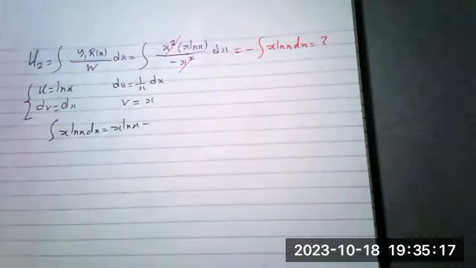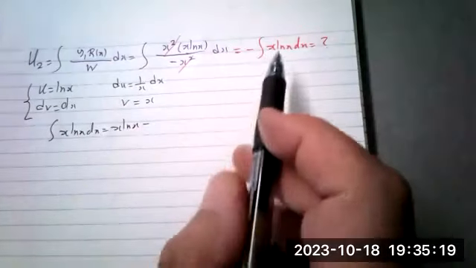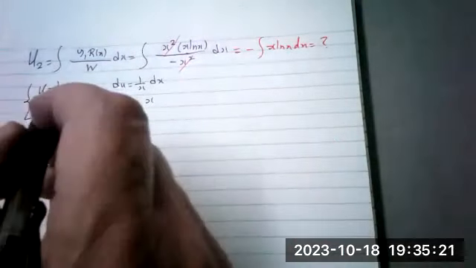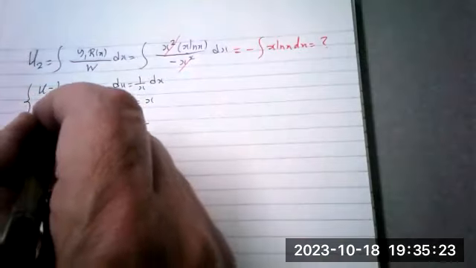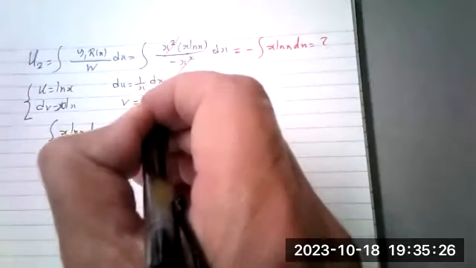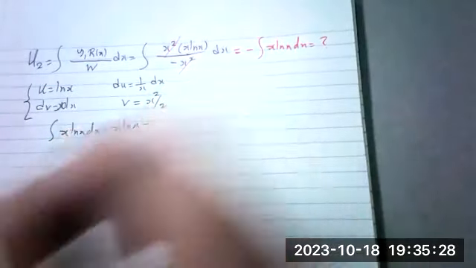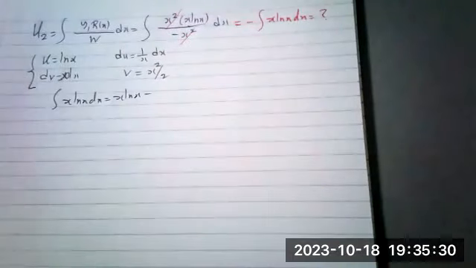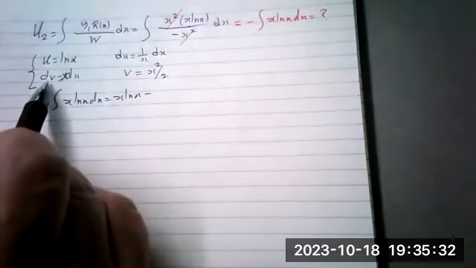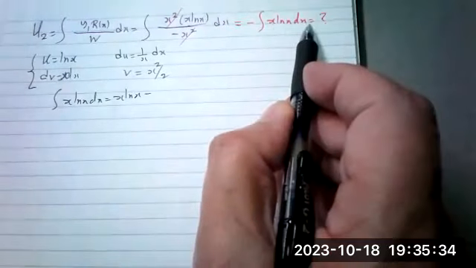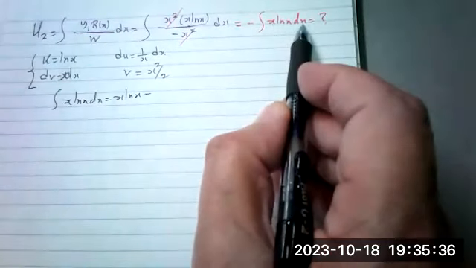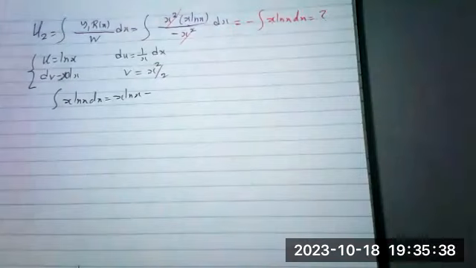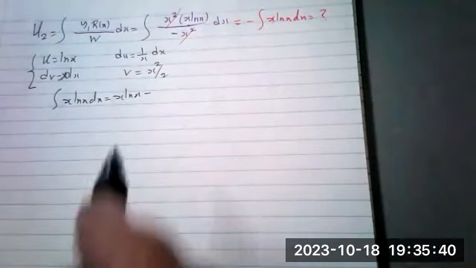I made a mistake, sorry. The dv is x dx. So that would be v equals x squared over 2. That's it. Okay, so u is ln x, dv is x dx. X dx. So v would be x squared over 2.